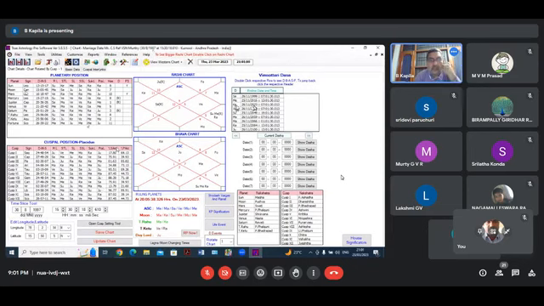To have an idea as to whether he is going to get married in Ketu Dasha or not, if I look into this time period, Ketu Dasha and Mercury Bhukti will be the only period in which I can think that the native can get married, if transit allows and if Bhukti permits.